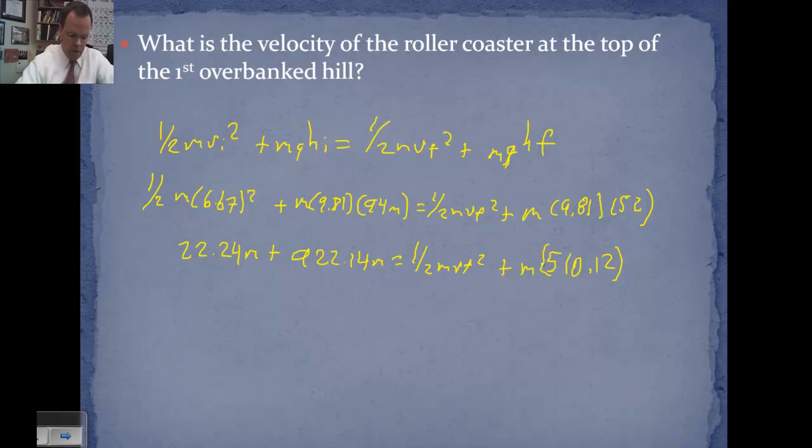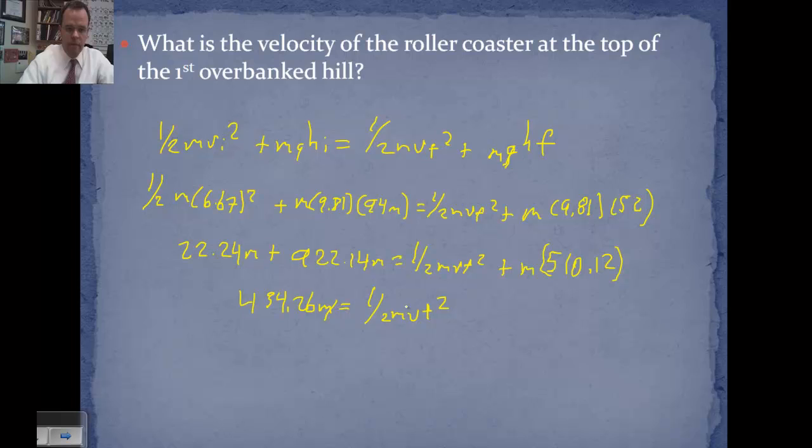So 22.24 plus 922.14 minus 510.12 comes out to 434.26 m equals 1/2 mv final squared. Divide by 1/2.